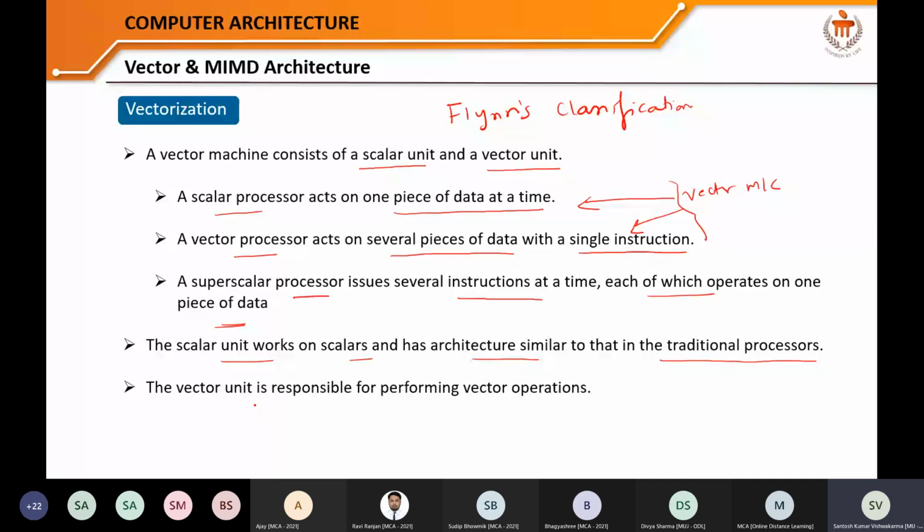I wish to start with vectorization. When we talked about addressing modes, we saw how the computation takes place and how the operand can be fetched, because in previous sessions we went through memory architecture and addressing modes. We can also go through memory-register addressing modes.